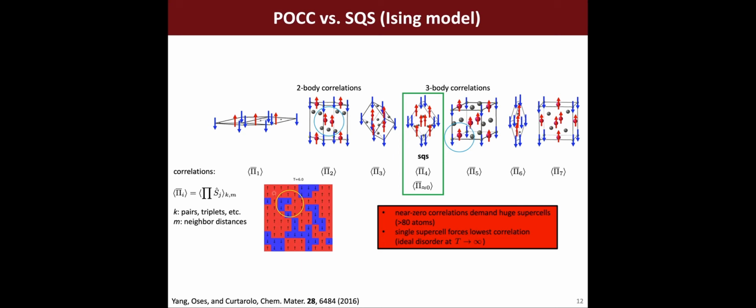As Dr. Crudolo talked about, you don't go from order to disorder in a snap. There is a transition. And so if we want to model disorder at the very far end, where we have an infinite temperature, very high, everything is purely random, then you would use something like SQS. But in the interim, when you're talking about finite temperatures, you're not going to have a singular representation. You need to talk about averages, ensembles, and Boltzmann averages here.